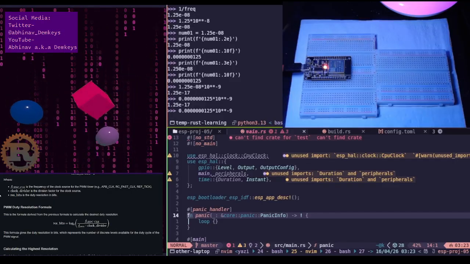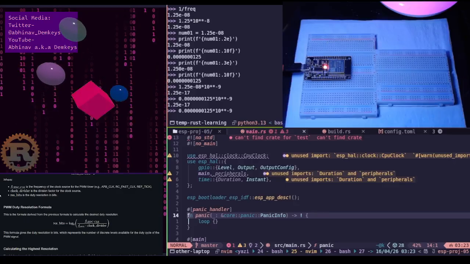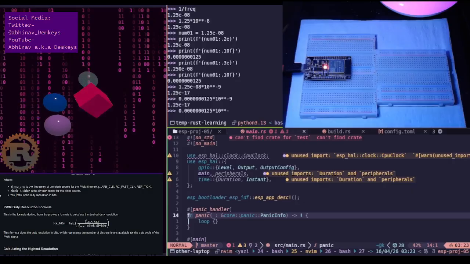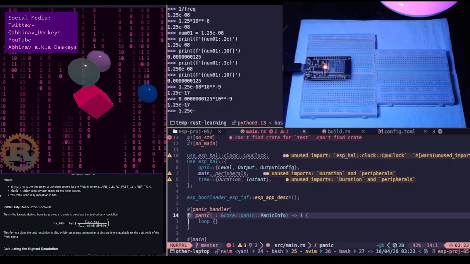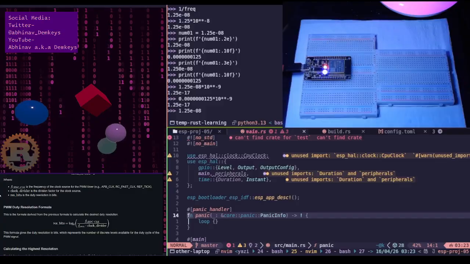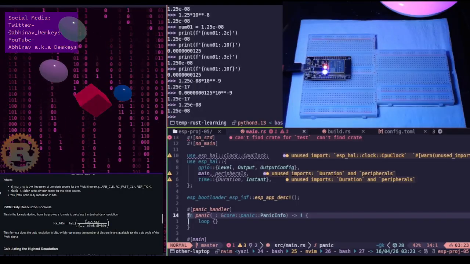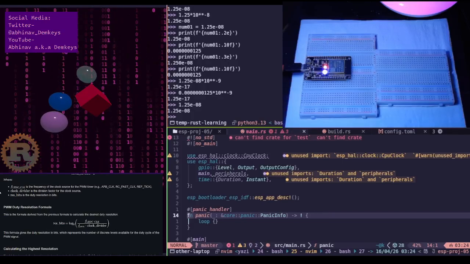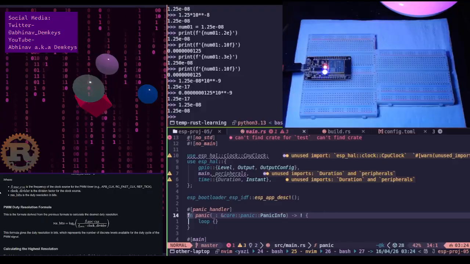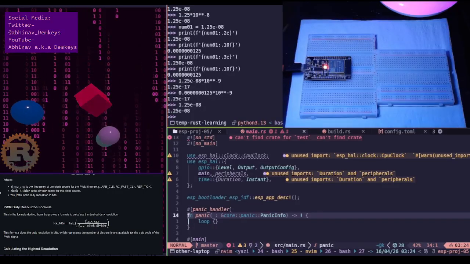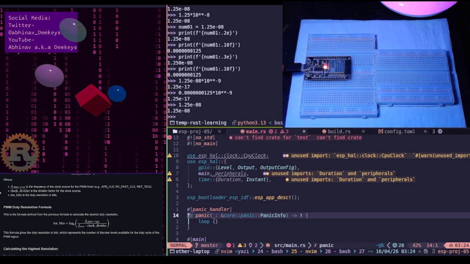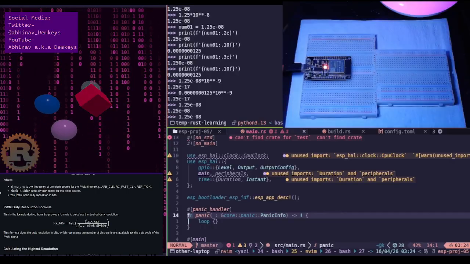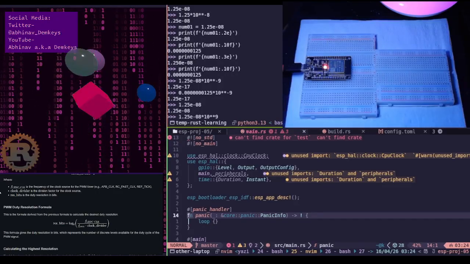So we first identify the value in scientific notation, which is 1.25 e negative 8. Okay, fine. After that, we multiply that by 10 to the power 9. Okay, multiply that by 10 to the power 9, we get 12.5.